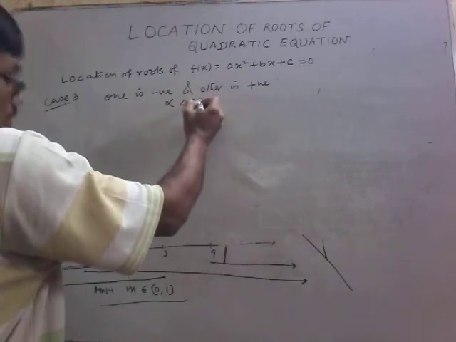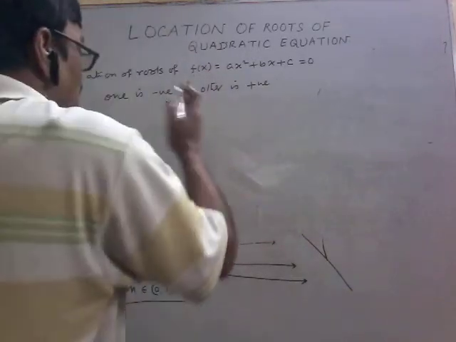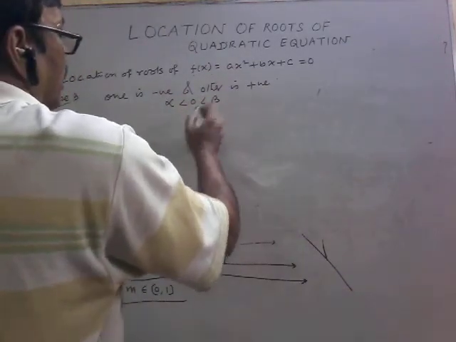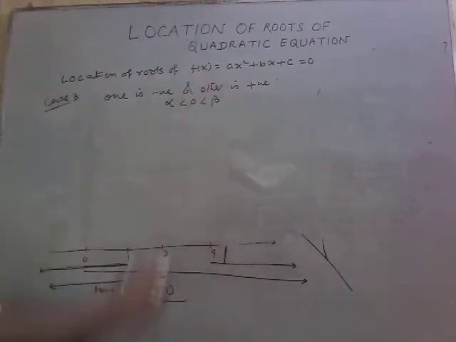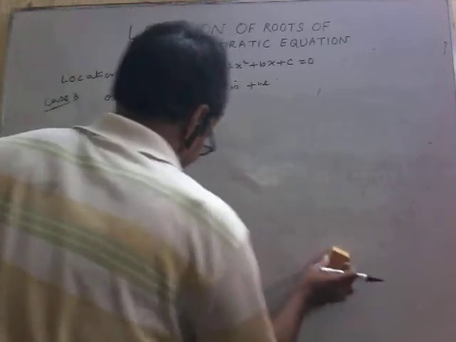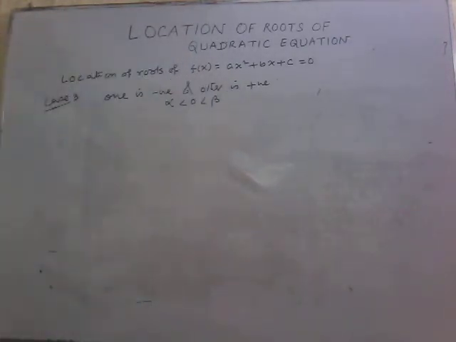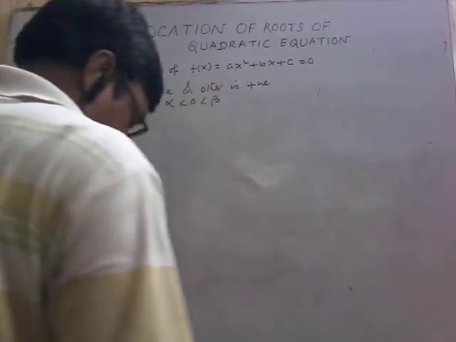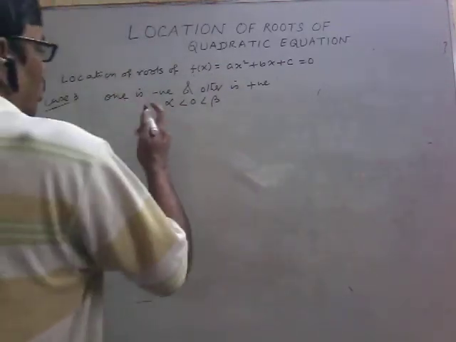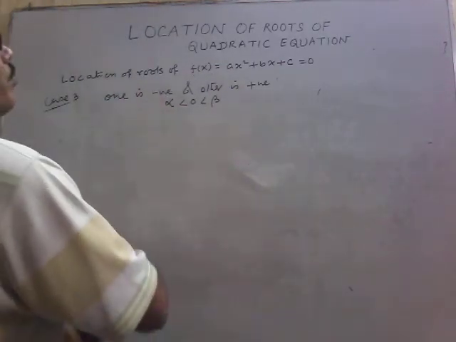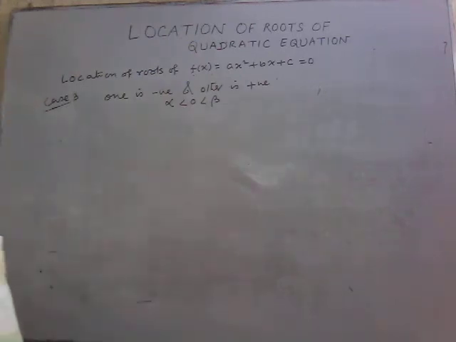Alpha less than 0 less than beta. So beta is positive, alpha is negative. So one root is positive, another is negative.